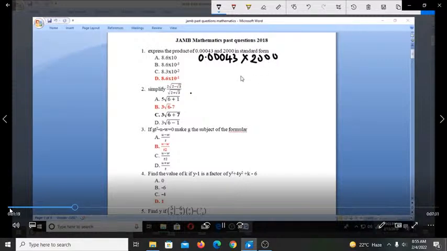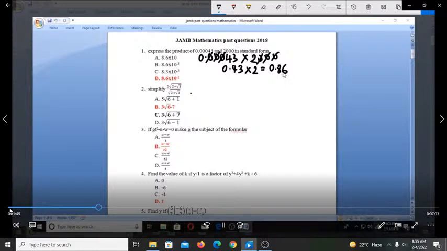Naturally, if you want to multiply a decimal with a normal number like this, you can say that this goes with this, and this goes with this, so that you now have only 0.43 times 2, and we know that 0.43 times 2 is the same thing as 0.86. So that is what we are left with.